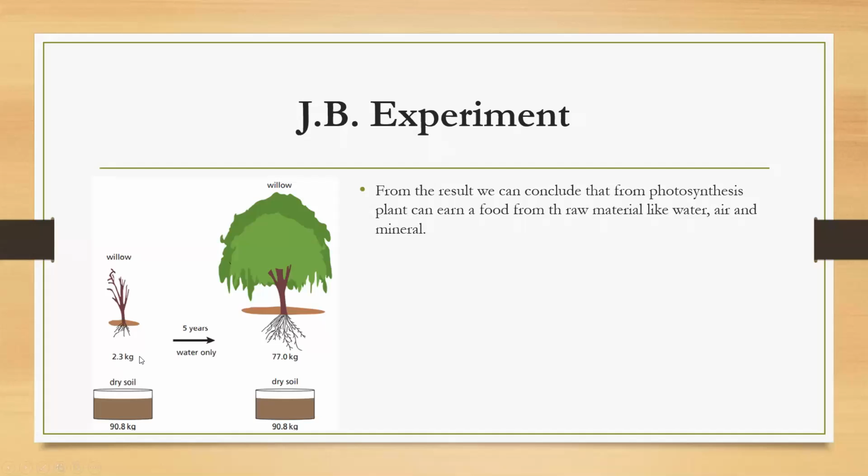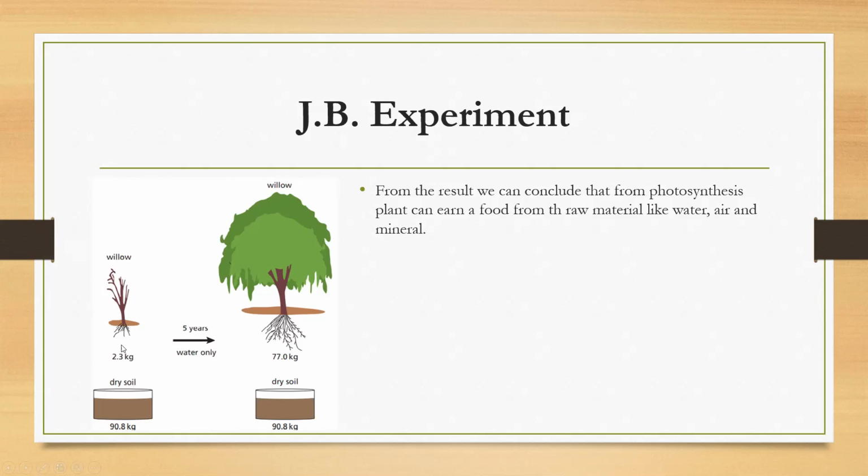At first the plant was very small, and its mass was just 2.3 kilograms. After 5 years, the mass increased to 77.0 kilograms, and the size also increased. You can see it went from little to a big tree.